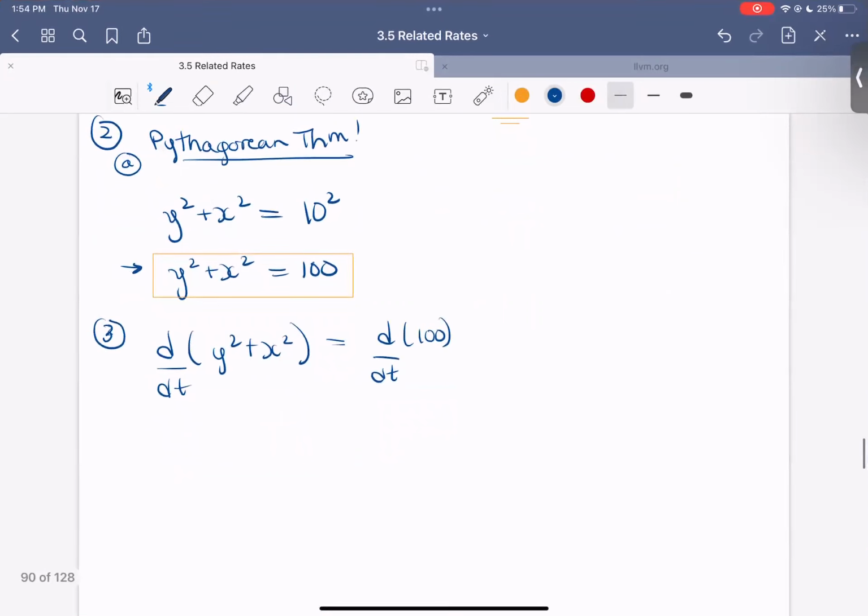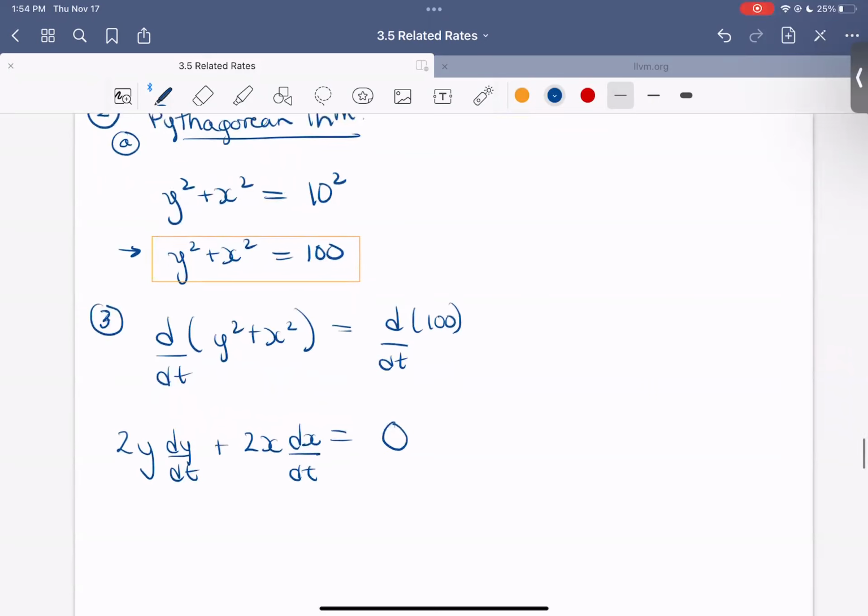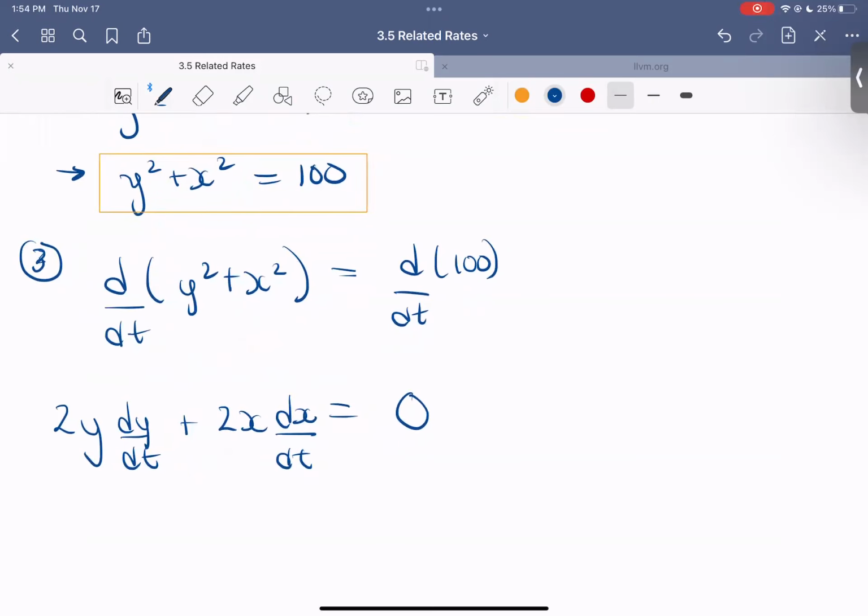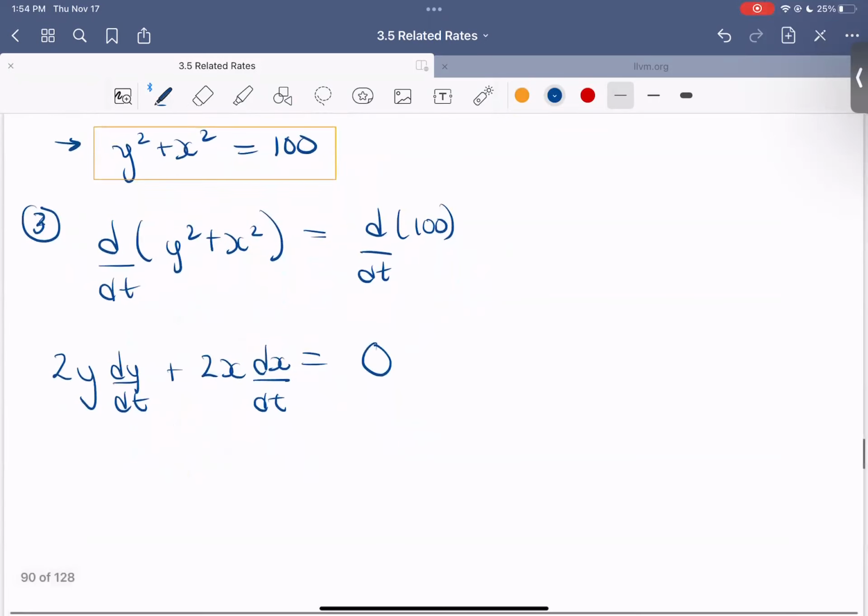On the right side, the length of the ladder never changes, so the derivative of 100 is 0. On the left side, we get 2y dy/dt using the power rule, plus 2x dx/dt. Both x and y are functions of time here, so that's why the derivatives come out for both.